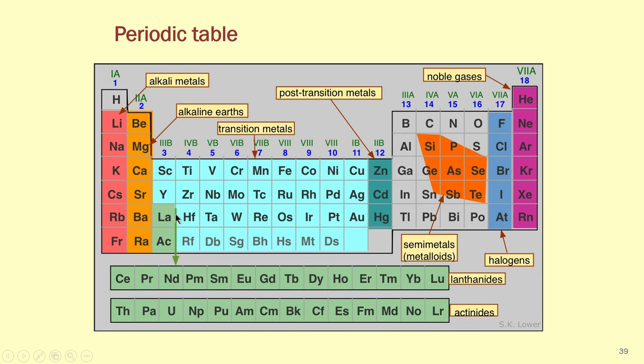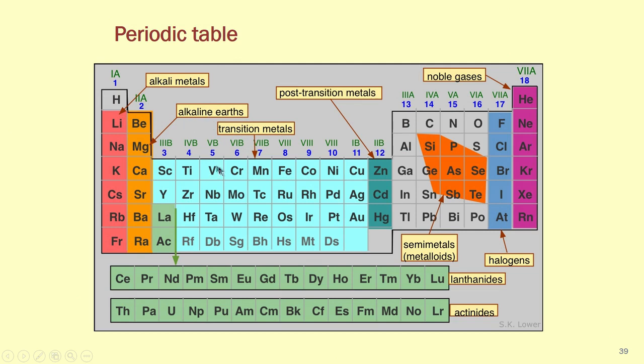So, the modern understanding of our periodic table is based not on the atomic weight, but on the atomic number. It is a consequence of the understanding of the atomic number, and basically it is the realization that the protons or number of electrons are the basic building blocks for each element.